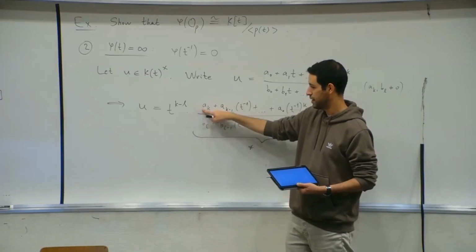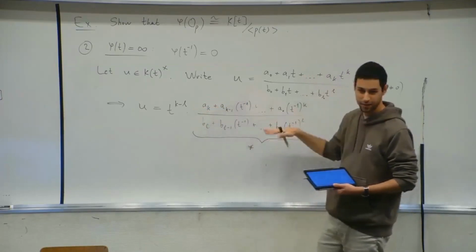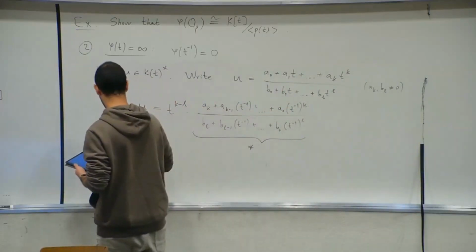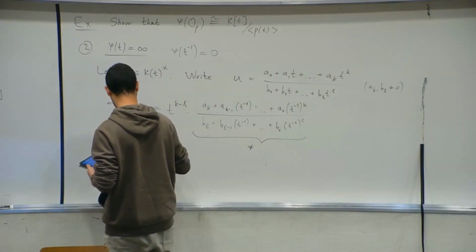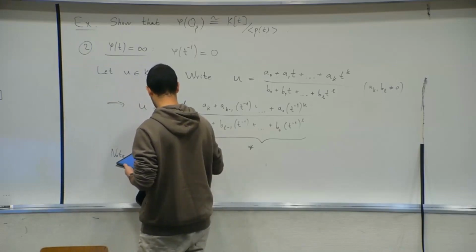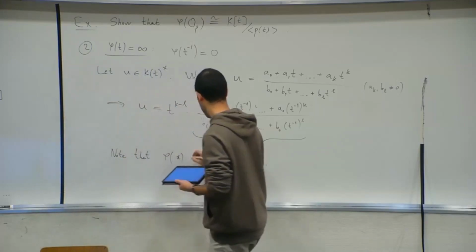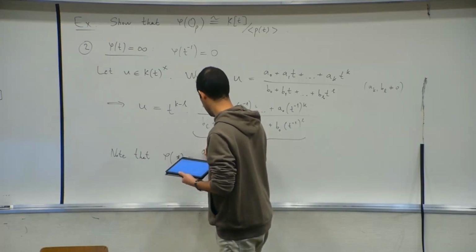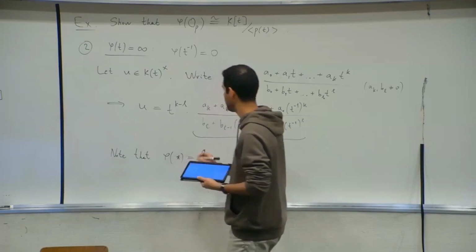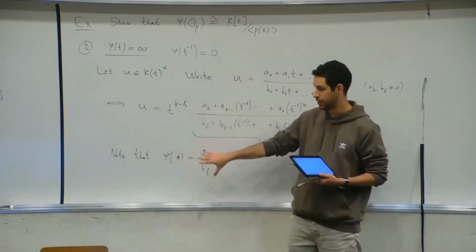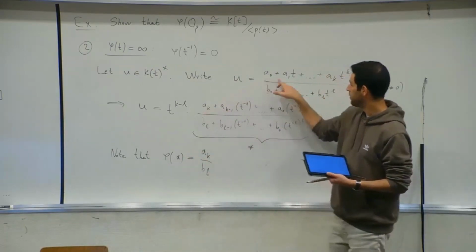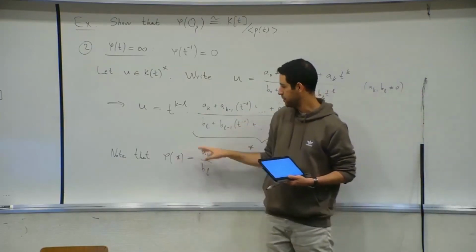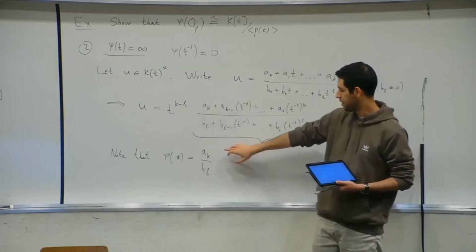Phi of this is just phi of A_K, phi of B_L, and all the rest are 0. So in other words, phi of this term is just A_K. We even know that without loss of generality, phi is the identity on K. So all the A_i and B_i are in K, so phi maps them to themselves. So we just get A_K over B_L.